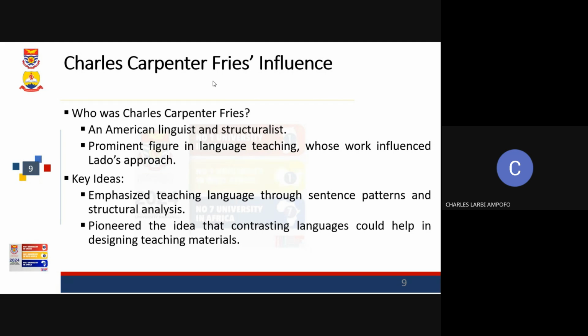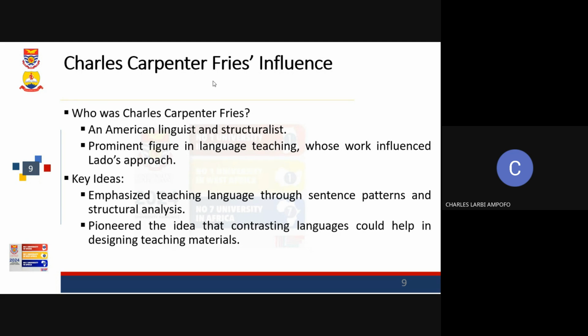But the whole contrastive analysis approach is founded on the idea that language learning is habit formation. So they take inspiration from behaviorism, which sees learning as habit formation. And learning a language is also a form of learning, so they view that learning process as what?